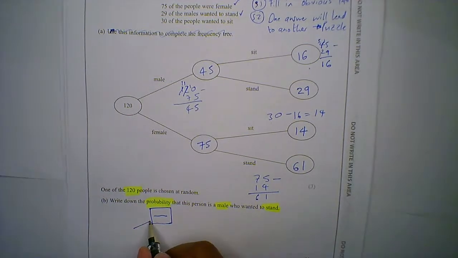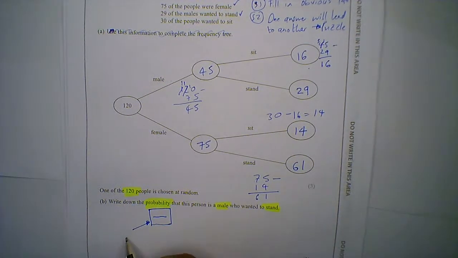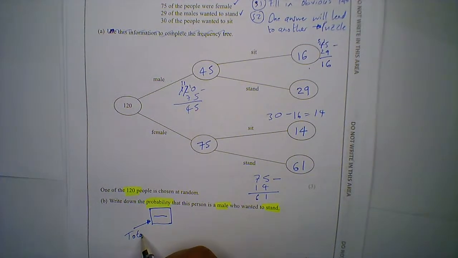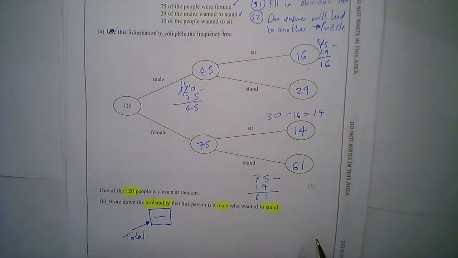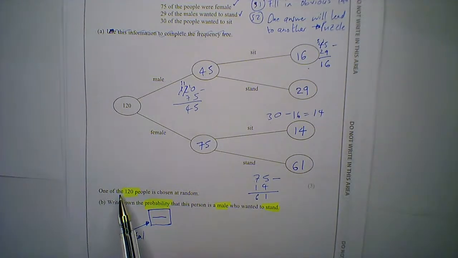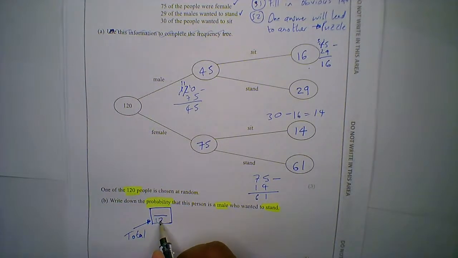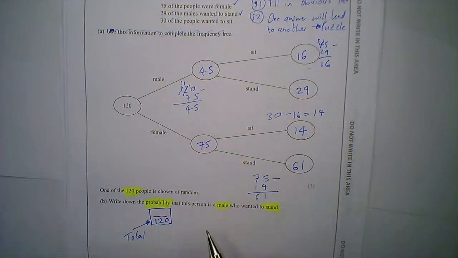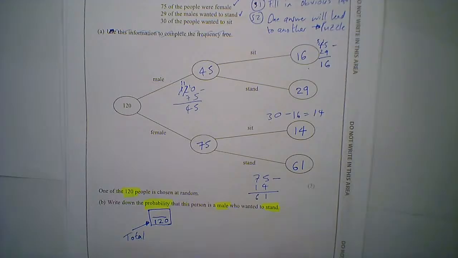My bottom number, denominator, is always a total. Okay, and so if I read this information, one of the 120 people, so 120 goes at the bottom, is chosen at random. Write down the probability that this person is a male.